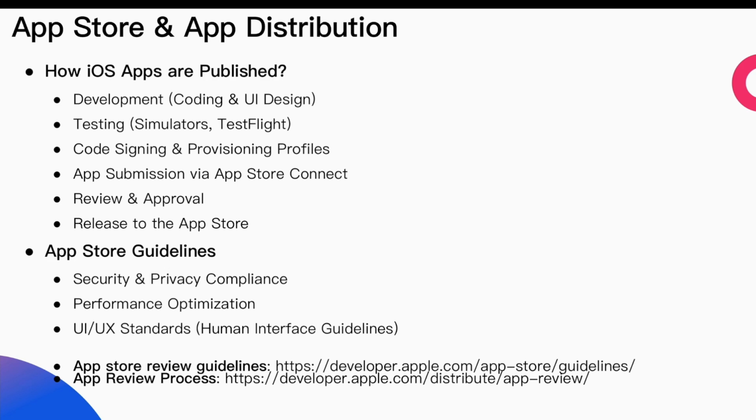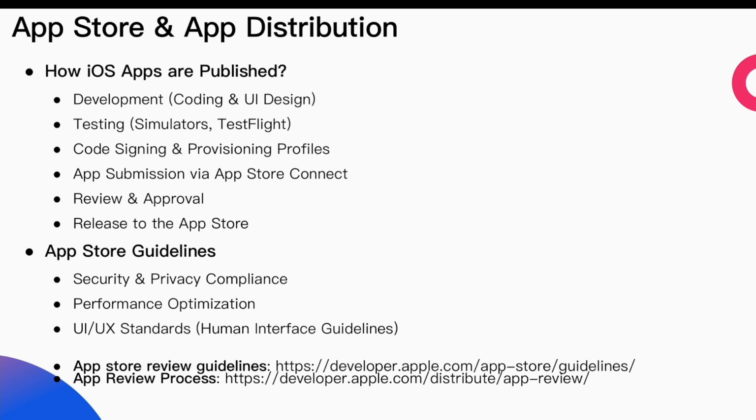But at this point, before doing development and before submitting the app to the App Store, understanding the App Store guidelines and compliance requirements is very important, because it ensures that our app gets approved without any issues. So we must go through security and privacy compliance and performance optimizations.